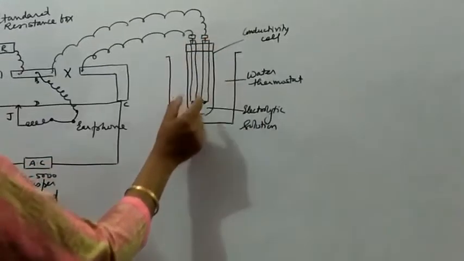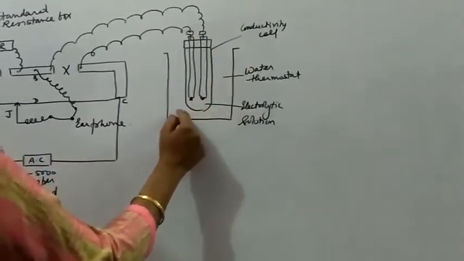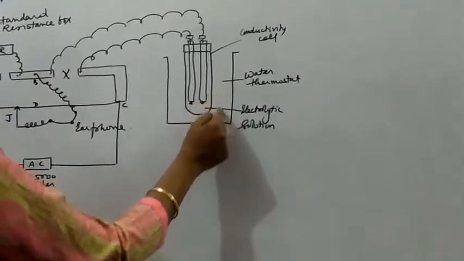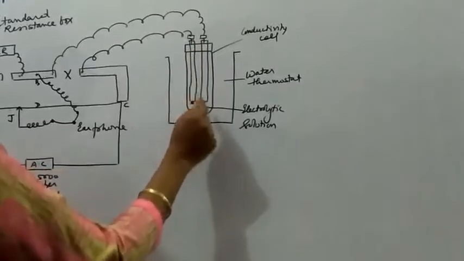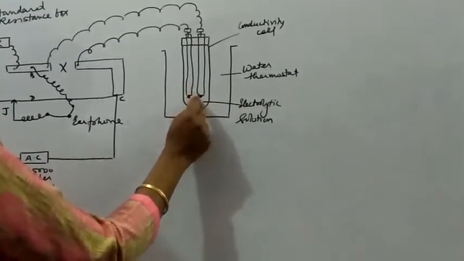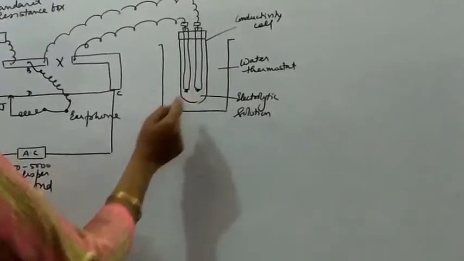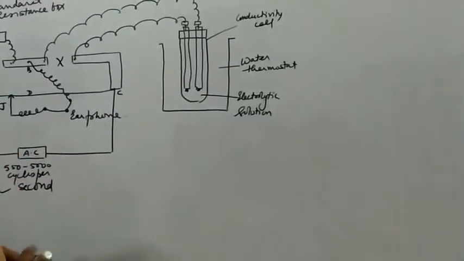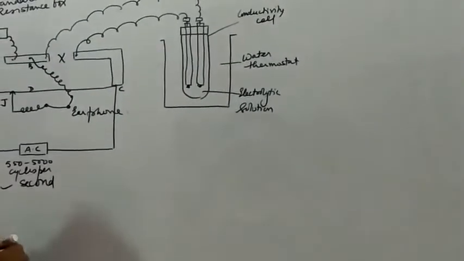Now this conductivity cell is placed in the water thermostat so that the temperature remains constant. This is the conductivity cell. It contains the electrolytic solution whose conductance is to be found out, and the electrodes are coated with platinum to reduce the effect of polarization.